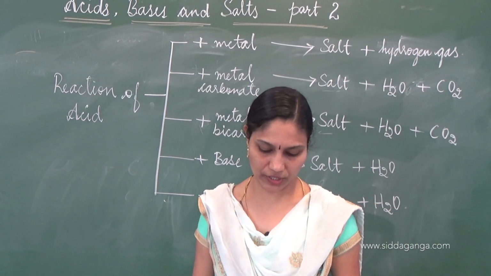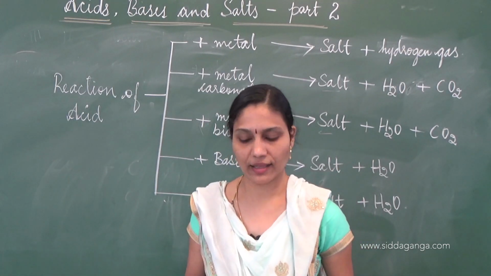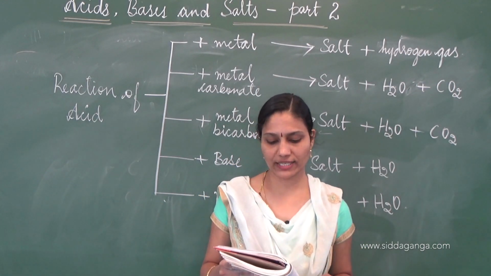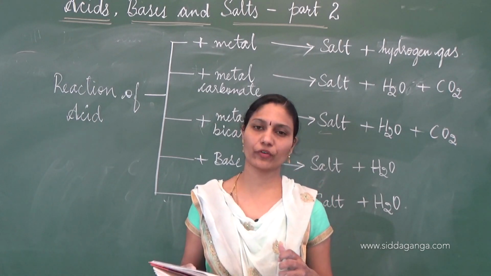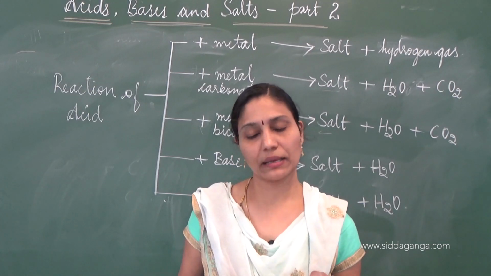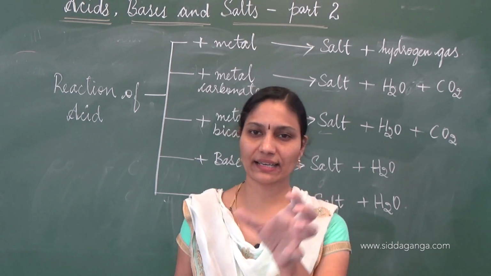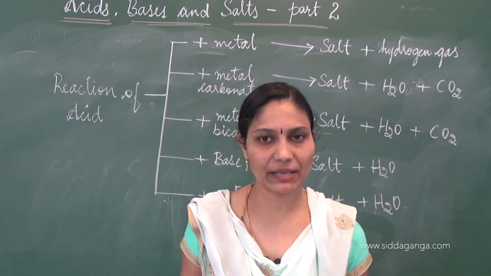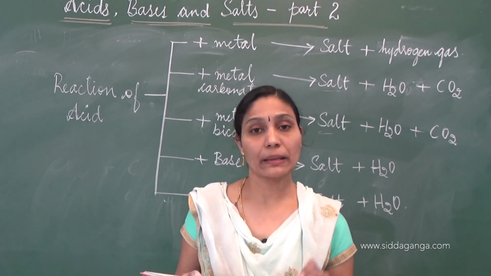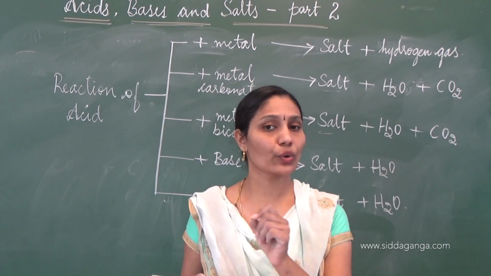But we did not mention what happens when bases react with metal carbonates and metal bicarbonates. Actually, we don't find any chemical reaction taking place there, because metal carbonates and metal bicarbonates are also bases. So, bases reacting with bases, we don't observe any chemical reaction. Is this clear to you? So, what will you write? Metal carbonates or metal hydrogen carbonates plus bases, no reaction.